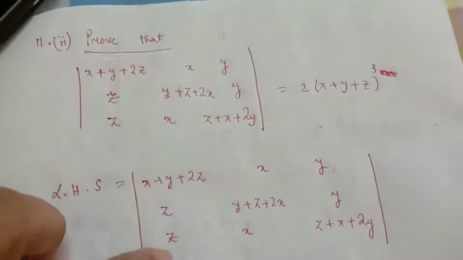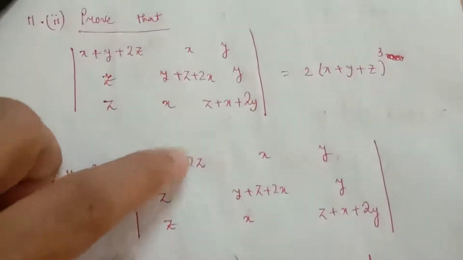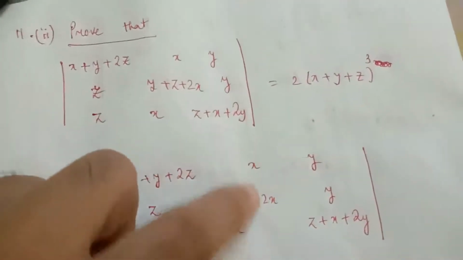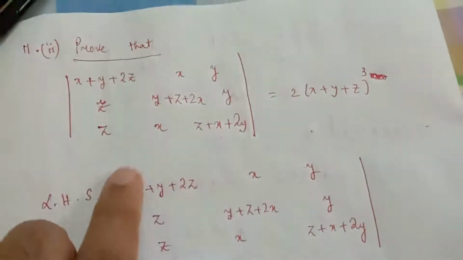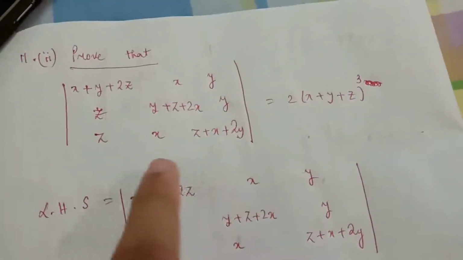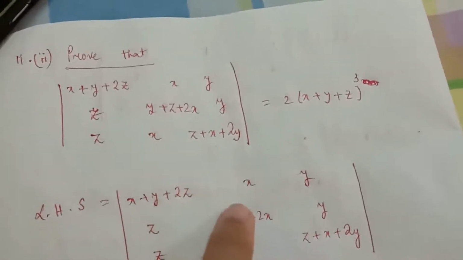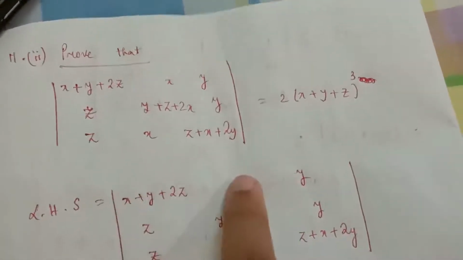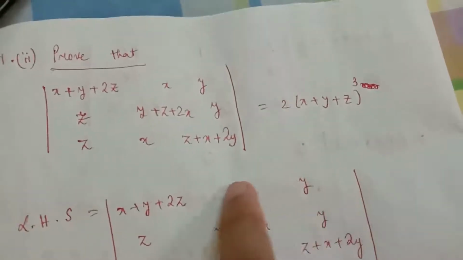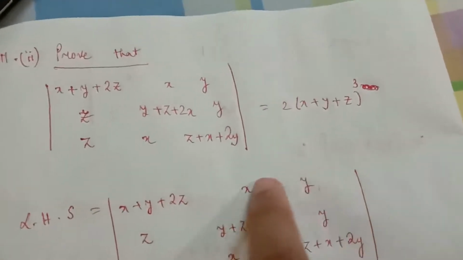If we add these three, we will get x+y+4z. This will become 4x+y+z. So these two are not the same. So let us add in this way. Let us add these three elements.